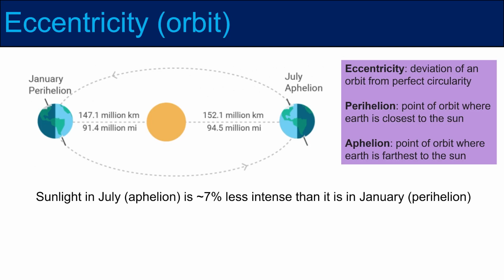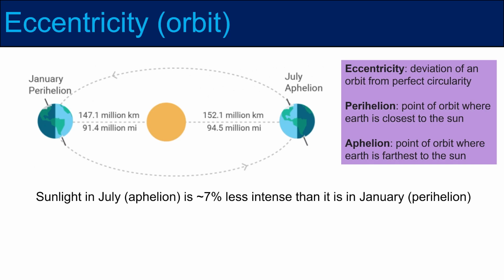If you look at it on a graph like this, you can see that the elongated orbit is definitely asymmetrical, and the distance between the Earth and the Sun can vary from 147 million kilometers to 152 million kilometers. And so the sunlight that hits the Earth in July, called the aphelion, is 7% less intense than in January, which is the perihelion.